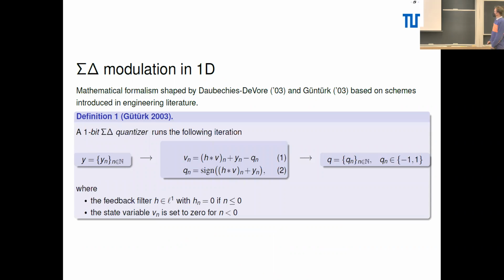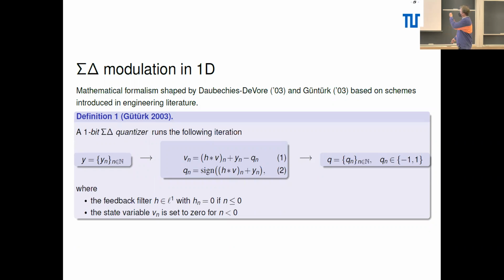Now, the next step. I won't go too much into detail. This is some way to formalize it that goes back to Sinan. When you want to do error bounds, it's advantageous to look at more general classes of filters rather than just delta to the n.